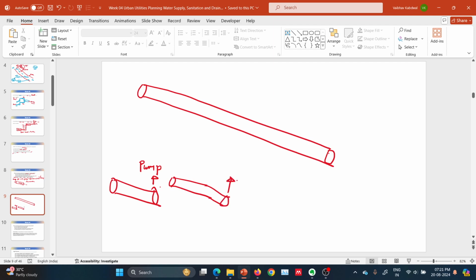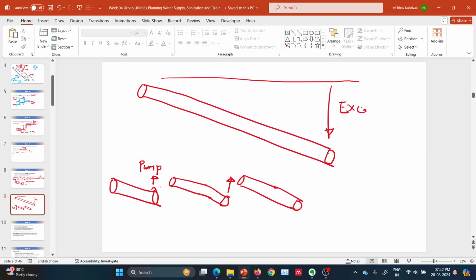Then we will again pump. So likewise, here we have to excavate this much. But here we have to excavate less. The pumping cost has increased, but it's fine because it is more economical than excavating this.